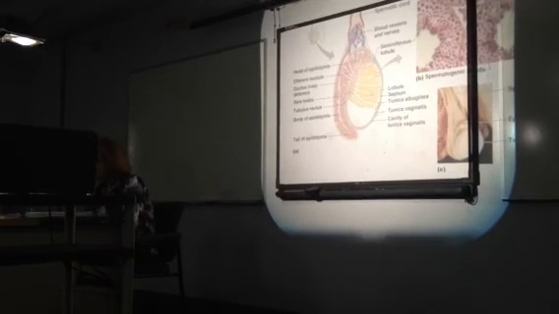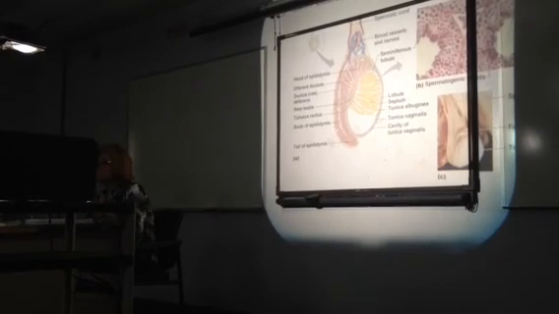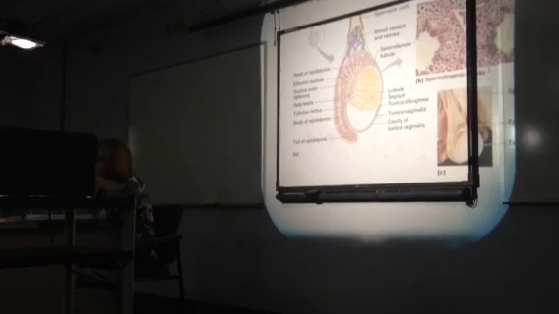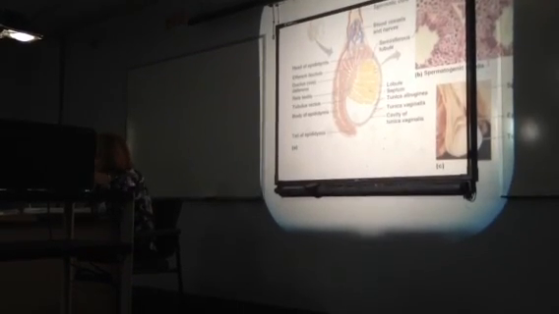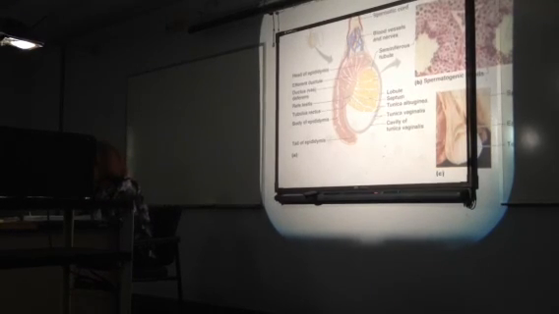Now remember, septa is plural for septum, and any septum, whether it's in the heart, the nose, or any place else we've seen them, is always a divider. It's going to divide or separate things. So it divides the testes into lobules.